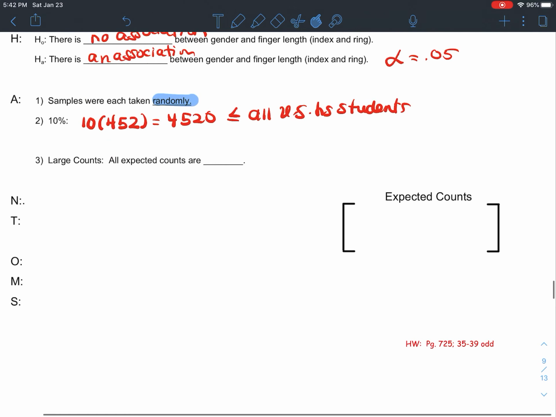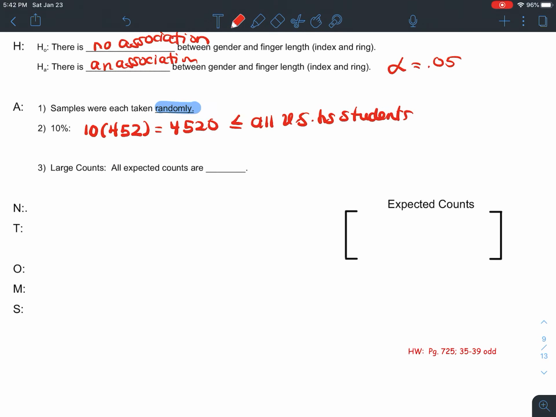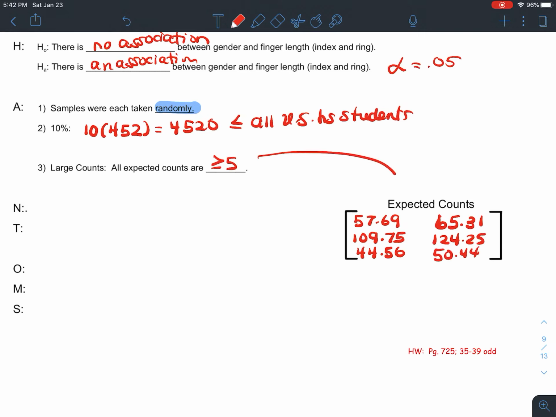I'm going to go ahead and fill in our expected counts here. Remember, this is row total times column total divided by grand total. Do not round these. I'm going to fill in these numbers, but hopefully we've done enough like this that you're seeing where I'm coming up with these numbers. I'm going to make the remark that all those expected counts are greater than or equal to 5 and draw an arrow.